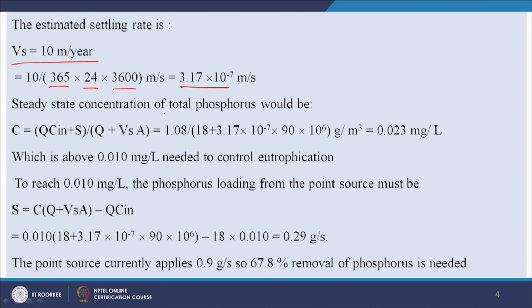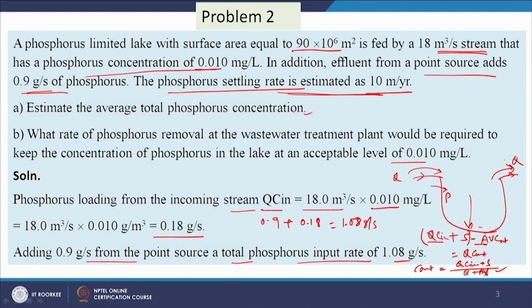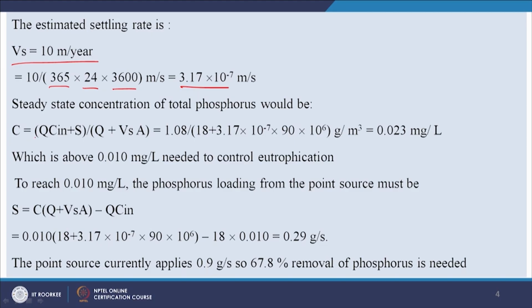So, what would be the steady state concentration of the total phosphorus? We have just seen that C is equal to (Q C in plus S) by (Q plus A Vs). So, by this formula, C is C out, and the concentration of phosphorus in the lake we consider the same.